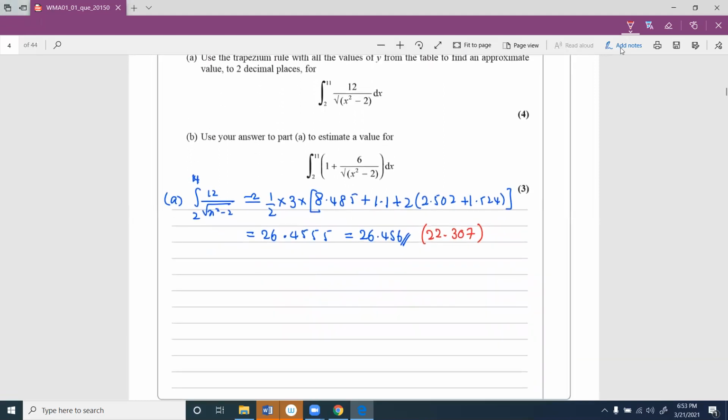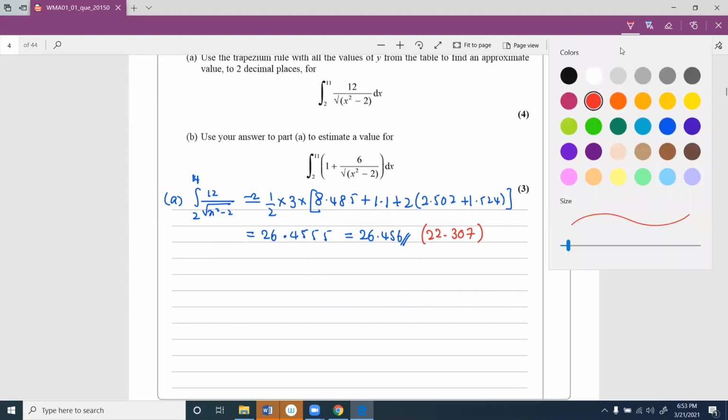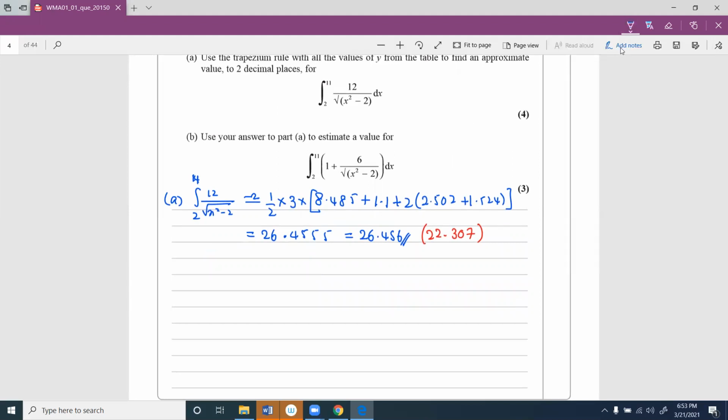Okay, right. Then part B. Part B says to use the answer in part A to estimate this figure. So this is the integration from 2 to 11, the same boundaries as before, of 1 plus 6 over the square root of x squared minus 2.